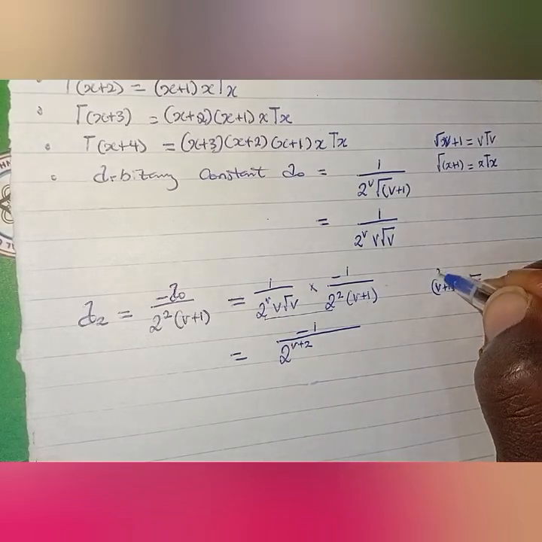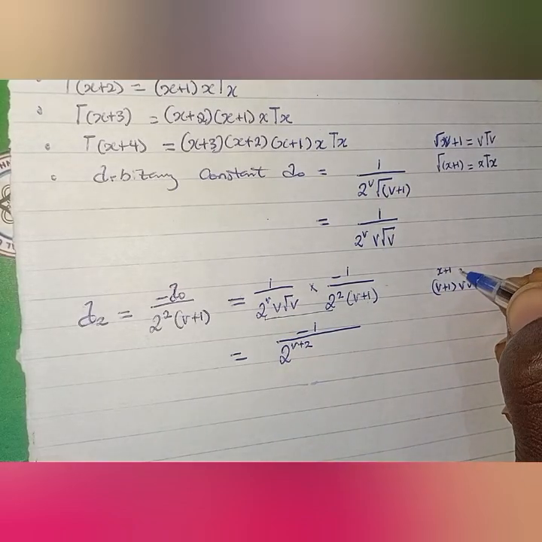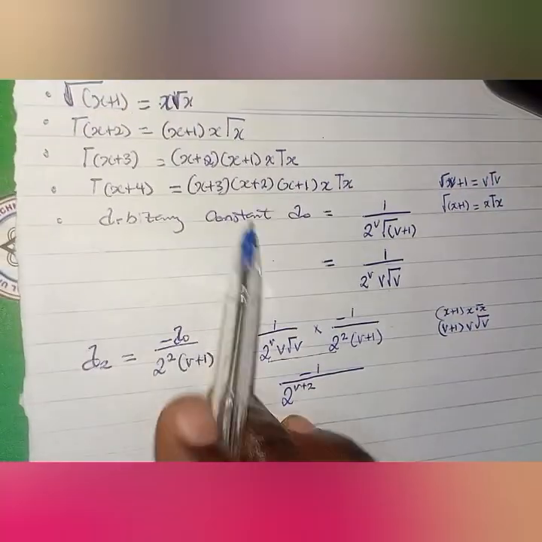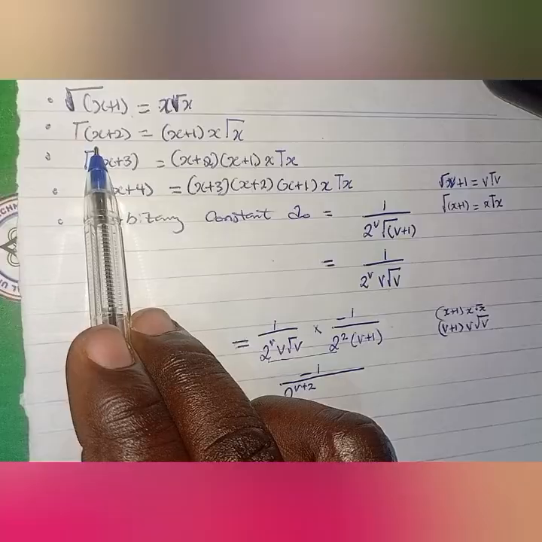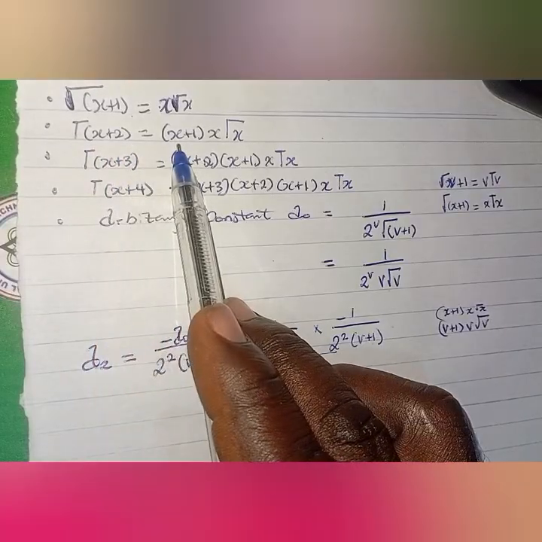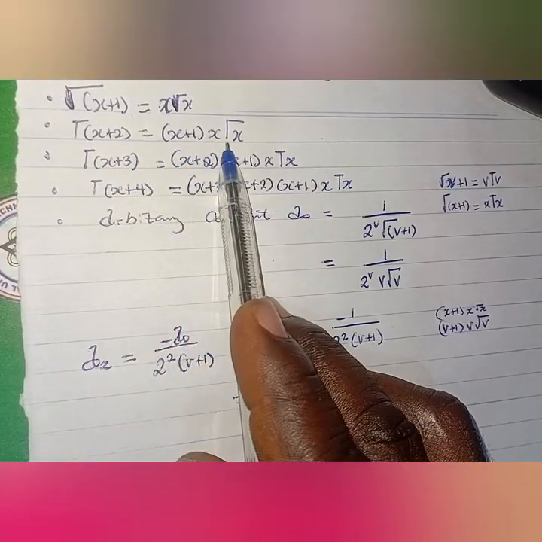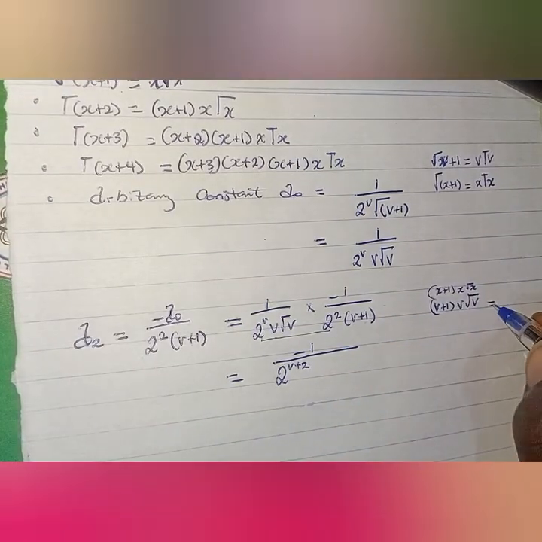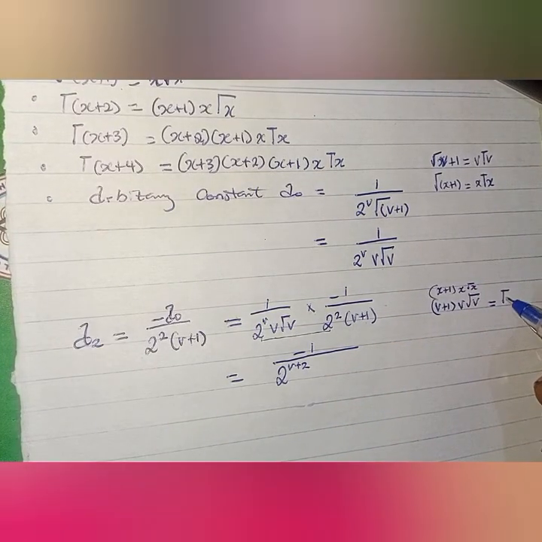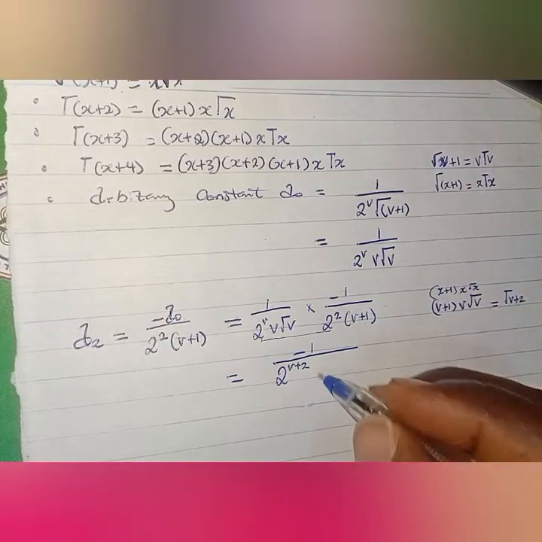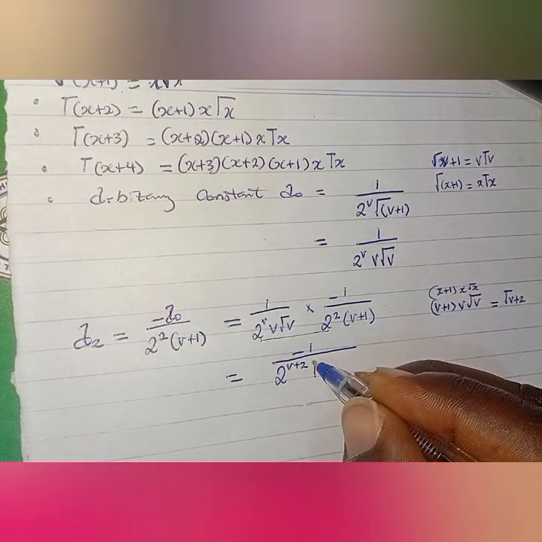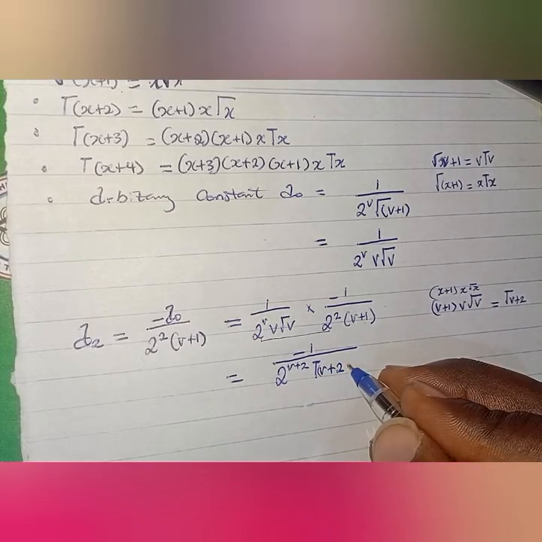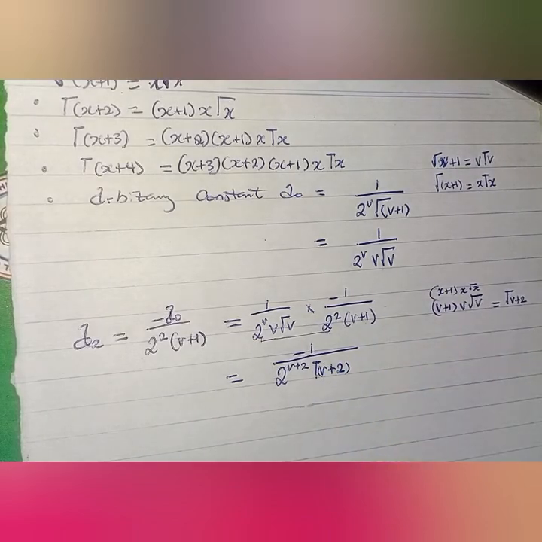It can be written as x plus 1, x gamma x. When you check what you have here, we can see that x plus 2 is one that gives us x plus 1, x gamma x. So this answer here is going to be gamma v plus 2. So this is what we are going to replace it with. We now have gamma v plus 2.